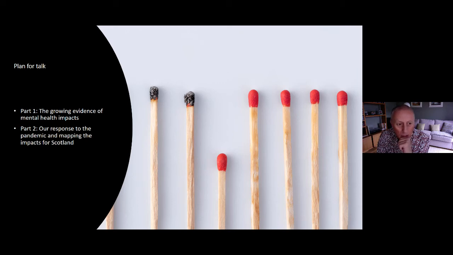The second part of my talk will talk about how we've responded to the pandemic in Scotland in terms of mental health impacts, and particularly I'll describe my experiences in working with colleagues in universities, in the Scottish Government, in the NHS, in public health, and also those with lived experience.